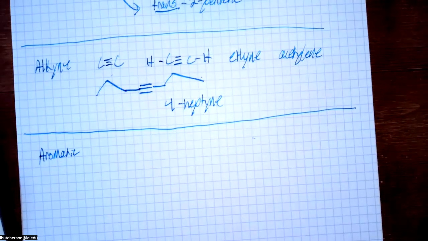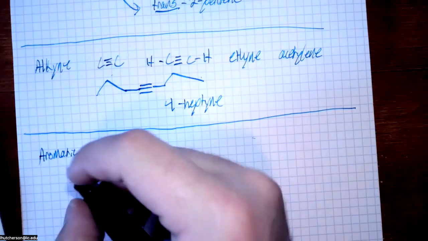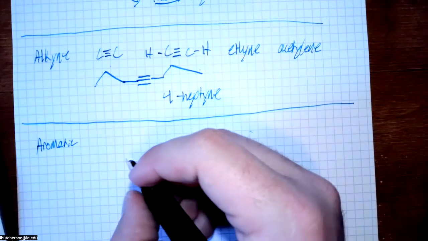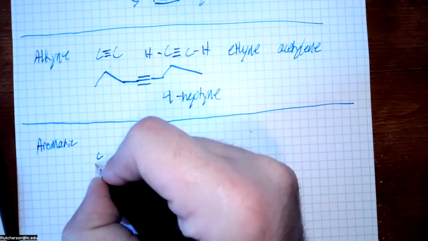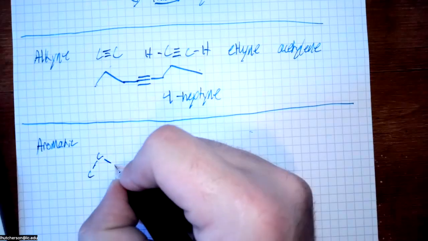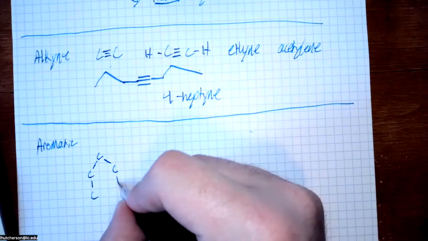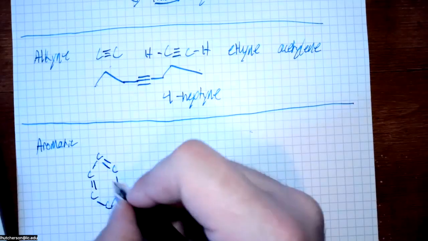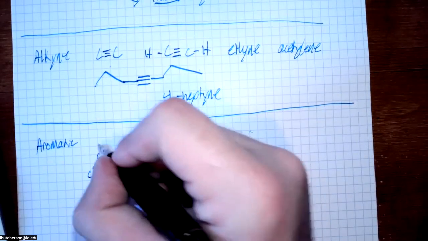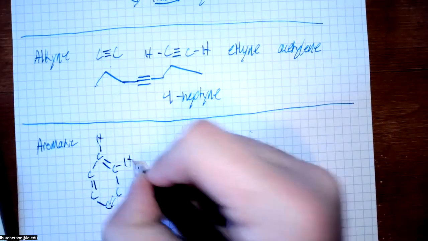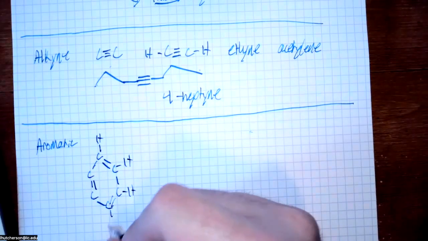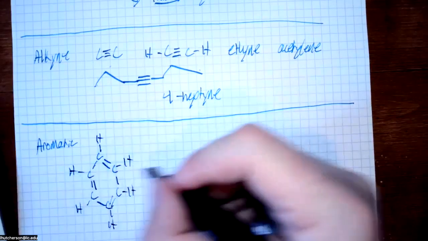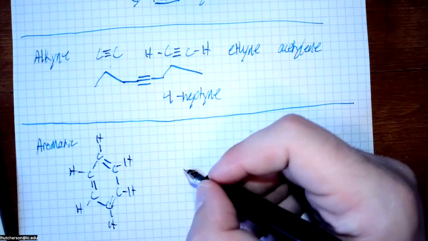Aromatic compounds actually are quite a bit more complicated than we're going to teach them in here, but essentially our stereotypical aromatic compound is something called benzene. Benzene is a 6-membered ring with alternating single and double bonds. It has the formula C6H6.